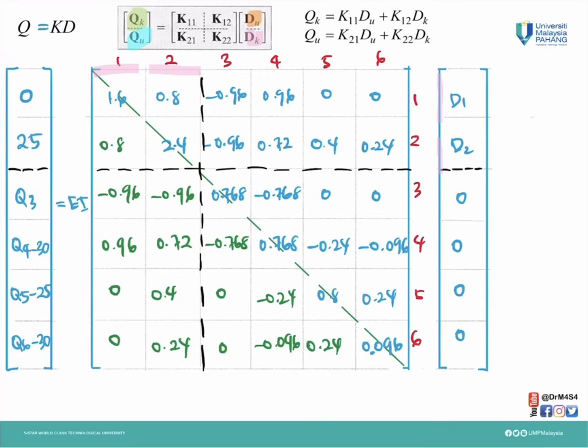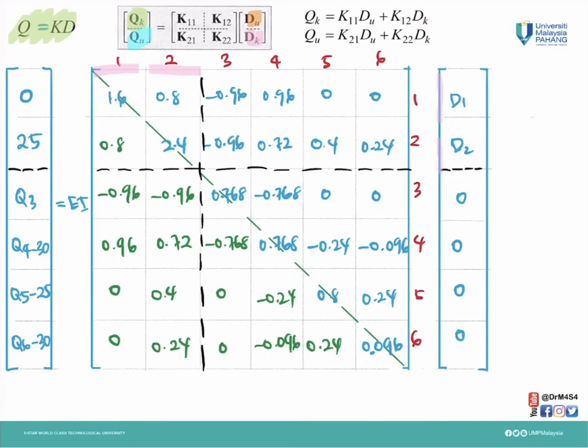So we assemble our QKD for our structure. Now we have to find the values for D1, D2, Q3, Q4, Q5, Q6. Same as the previous step, you have to expand the matrix.